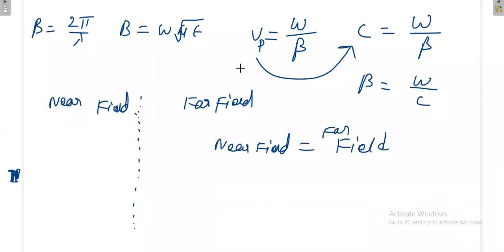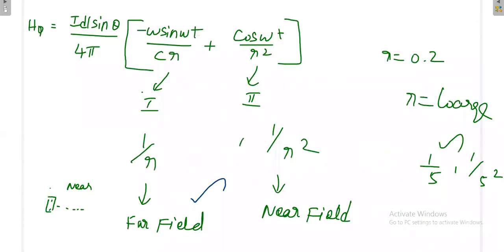Then what is the near field value? You can take H phi. I think in H phi we have both near field as well as far field. Then what is the magnitude of the sine omega t term?